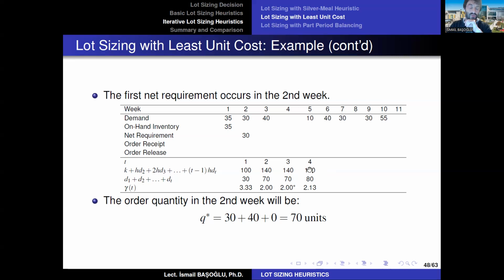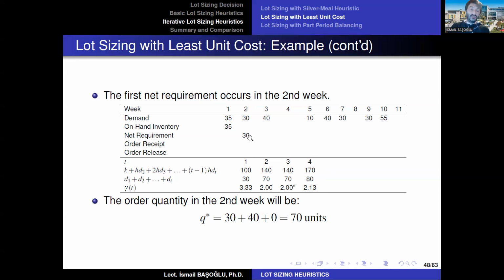Therefore, my total cost will become 170 divided by the total demand of 30, 40, and 10, which is equal to 80. The summation is equal to 80. When you divide 170 by 80, you would get 2.13, which is larger than the average cost per unit calculated for 3 periods. This means at this point, we need to span the demand of the following 3 periods, okay?